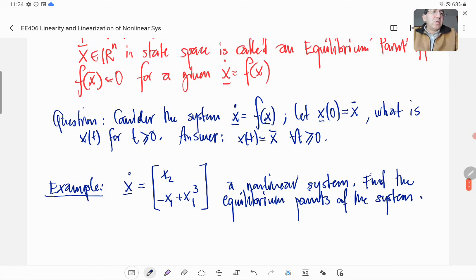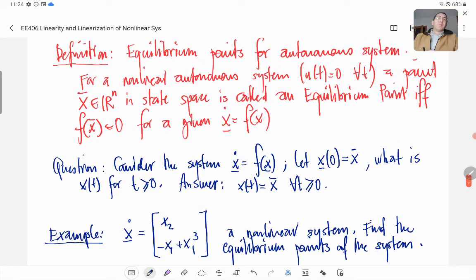Okay, so how do you find the equilibrium points of a system? Well, you go from the definition. The definition says a state is an equilibrium point if and only if, that means it goes both ways, the vector valued f function at that point has to be identically equal to zero.